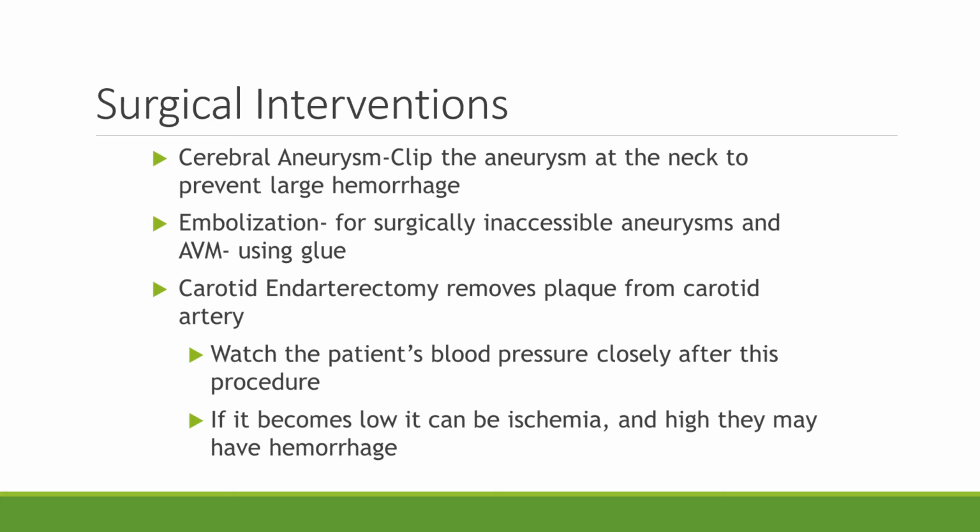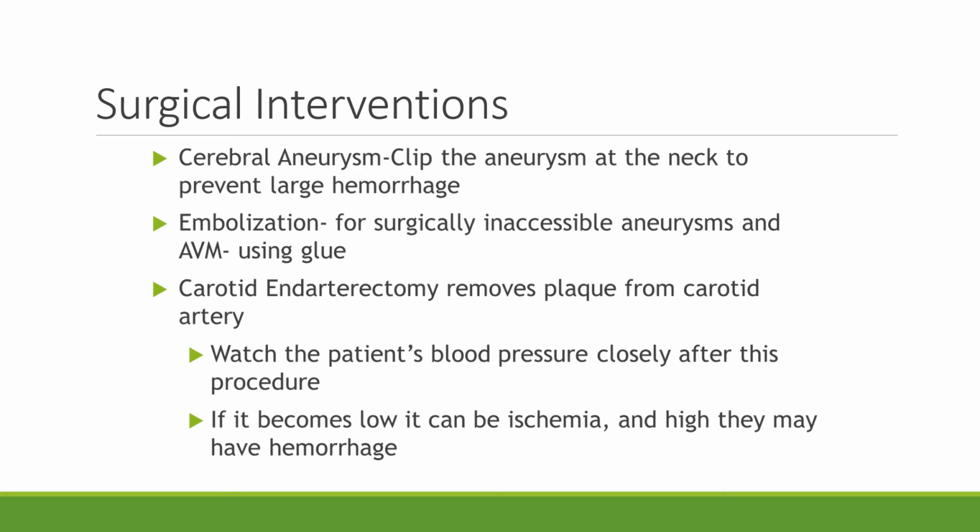So to prevent strokes with aneurysms, we do have a procedure called a cerebral aneurysm clip, and they actually clip the aneurysm at its neck, or the part that starts to pouch out, to prevent a large hemorrhage. So basically they're going to put a clip there so it cannot continue to expand and then rupture.